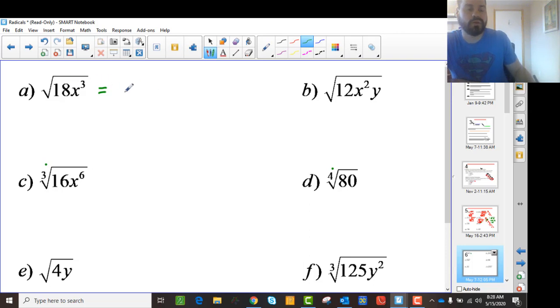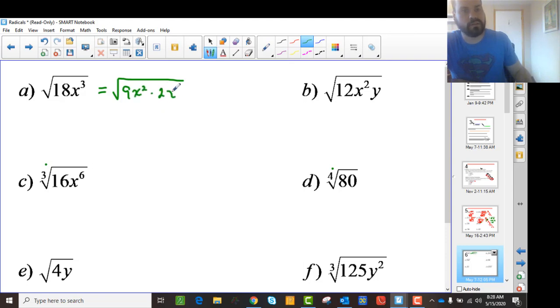The first thing is when we look at this one and any square root, you're going to look at the numbers the same way. So I'm going to split 18 into 9 times 2, okay? But what I'm going to do actually is leave a little bit of space, because what I want to do is actually also split the x into its perfect square factors, okay? So I'm going to have 9, and then x cubed is going to be x squared times x.